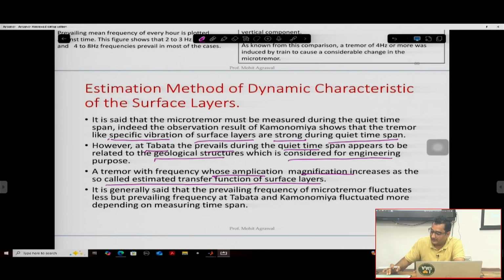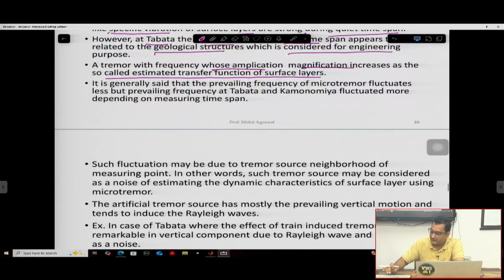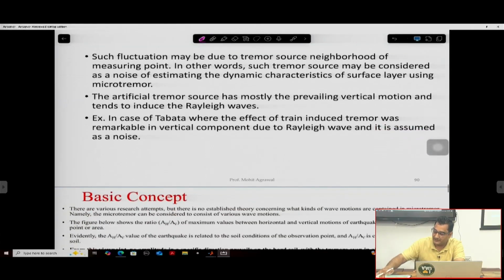It is generally said that the prevailing frequency of the microtremor fluctuates less, but the prevailing frequency at Tabata and Commonomia fluctuated more depending upon the measuring time span. Such fluctuation may be due to the tremor source in the neighborhood of the measuring point. In other words, such a tremor source may be considered as noise in estimating the dynamic characteristics of the surface layer using microtremor.